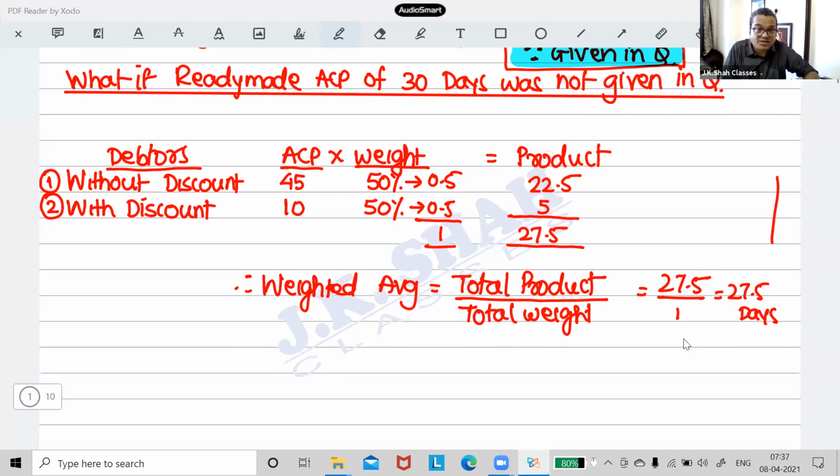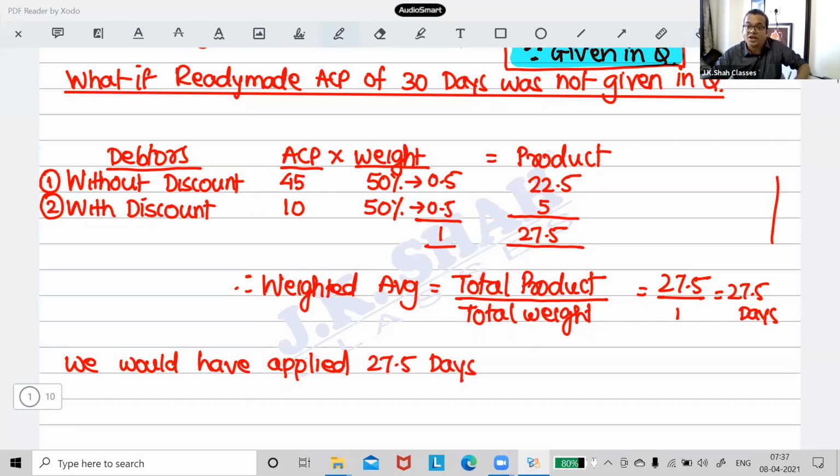You understand? That means, what if the ready-made ACP of 30 days was not given in the question? We would have followed this and applied 27.5 days. Am I clear in my discussion?